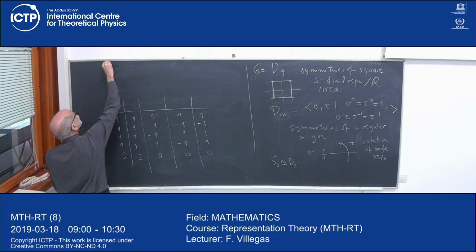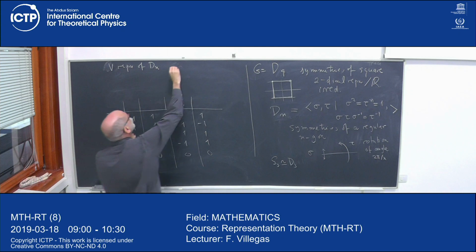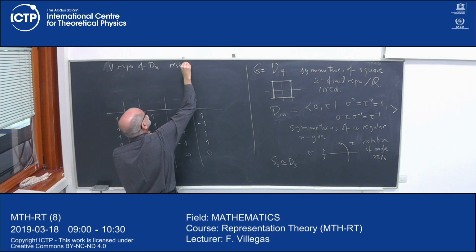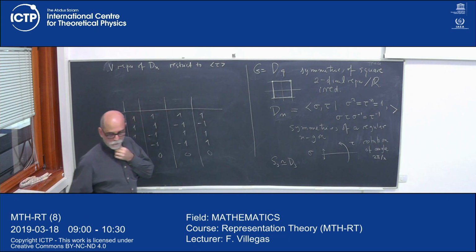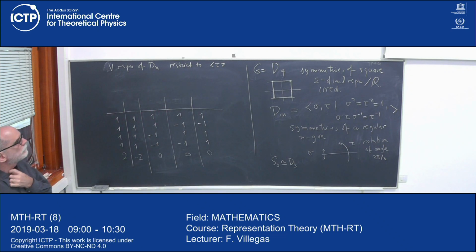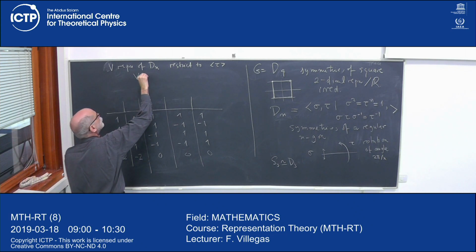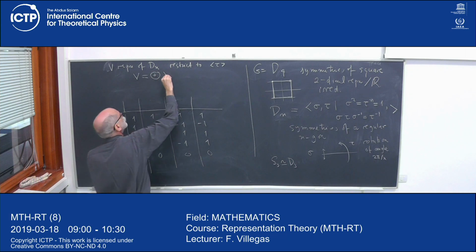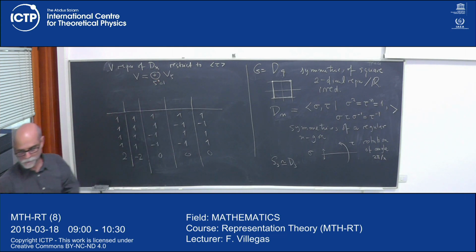Just to sketch, for Dn, let's say V is a representation of Dn, then restrict to the action of just the group generated by the rotations. What you'll find is V will decompose into eigenspaces indexed by the nth roots of unity.